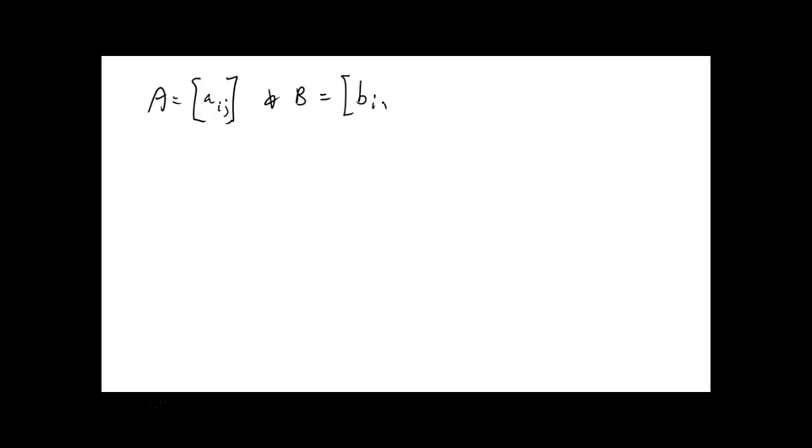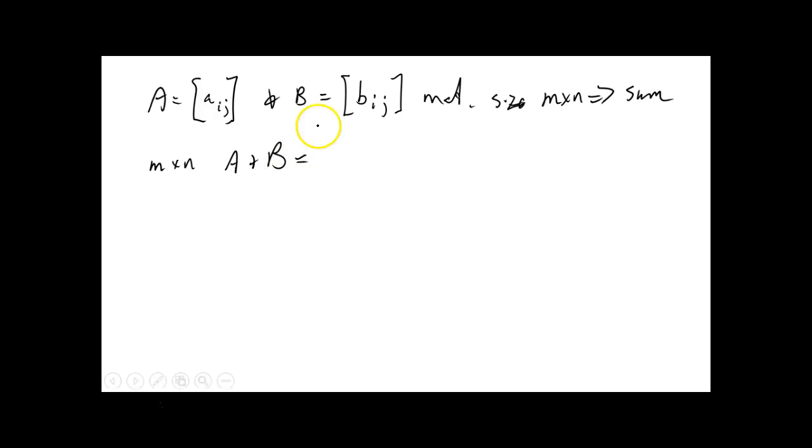So you use the same counters, i and j, for B. They are matrices of the same size, M by N. If that's the case, then the sum is also an M by N matrix, same size, given by A plus B, and how you represent that, which I hope you would guess, would be aij plus bij.